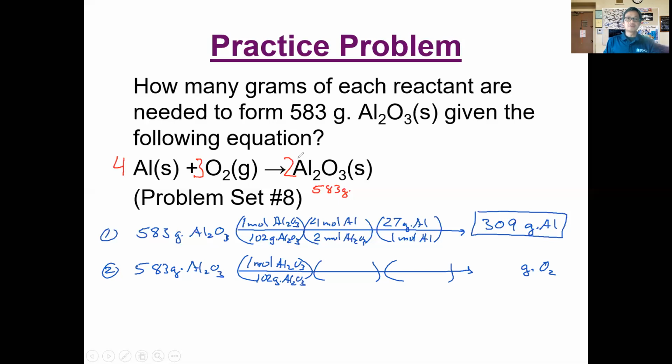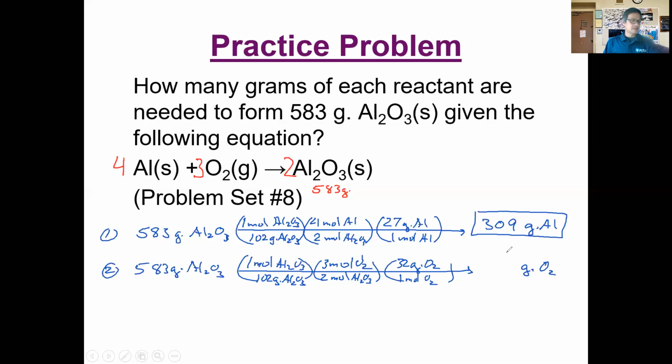This time the mole ratio is 3:2, because we need oxygen to aluminum oxide, so it's 3 moles of oxygen over 2 moles of aluminum oxide. Finally, the molar mass of oxygen is 32 grams of oxygen for every 1 mole.